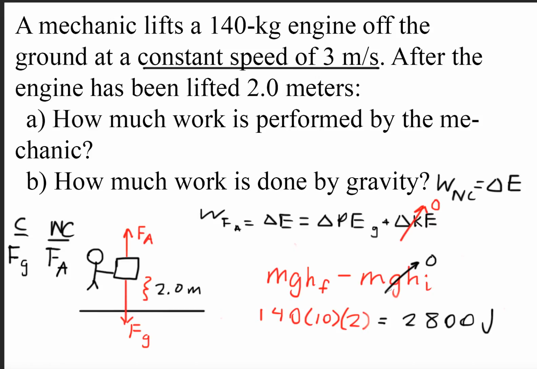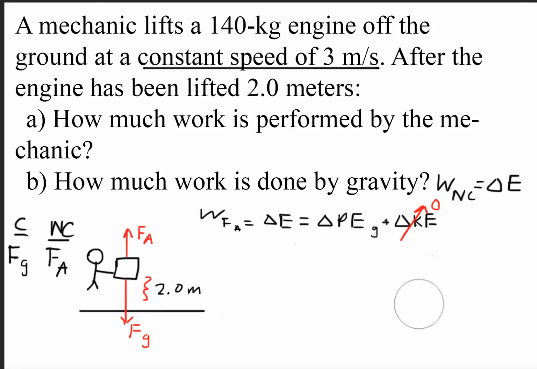So I want to briefly go over this process one more time. First, we drew our free body diagram of the system, which I have right here. Next, I labeled my forces into conservative forces and non-conservative forces. And then afterwards, I concentrated my attention on the non-conservative forces.